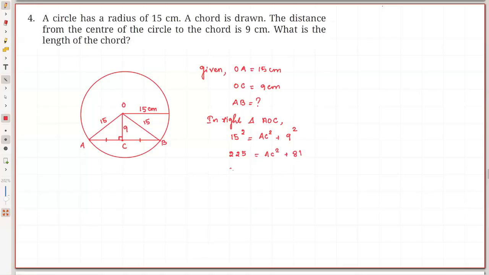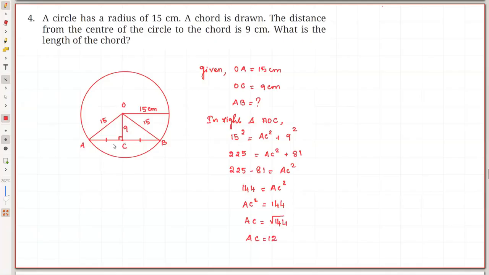Take this 81 to this side: 225 minus 81 is equal to AC square. 225 minus 81 is 144, so AC square is equal to 144. Now AC is equal to the square root of 144.